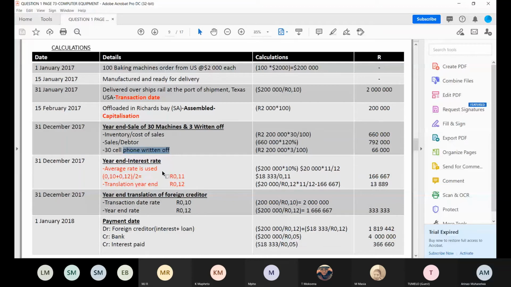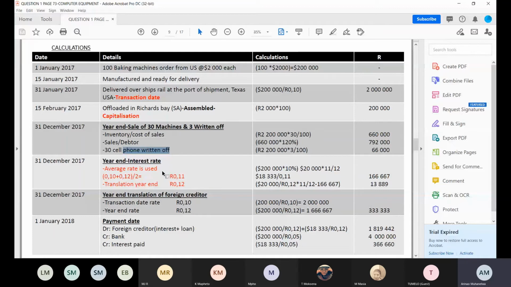So this is the first transaction that we must go and debit inventory in the form of the machines that we receive and credit foreign creditor or loan, because we've been loaned. When you read this information, we've determined that we didn't pay in cash. We were loaned, or we bought this on credit. That's why we say foreign creditor or a loan.